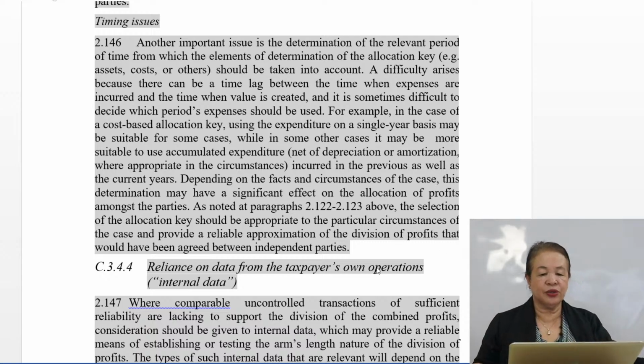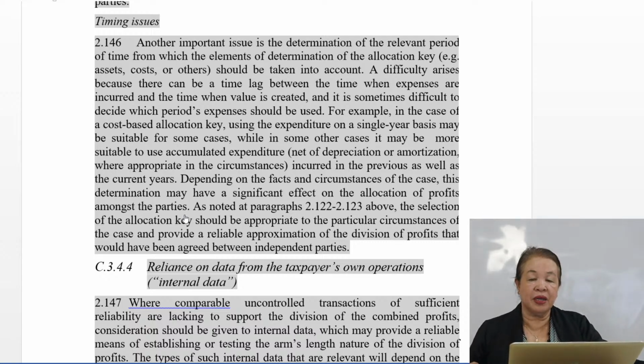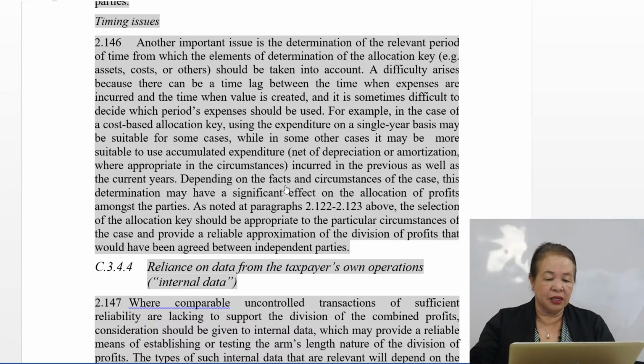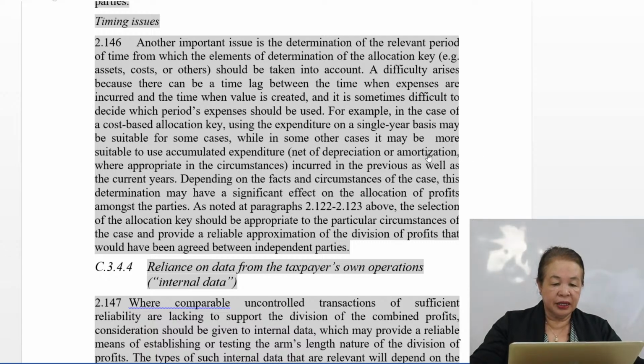Another important issue is the determination of the relevant period of time from which the elements of determination of the allocation K, for instance, assets, cost, or others, should be taken into account. A difficulty arises because there can be a time lag between the time when expenses are incurred and the time when value is created. And it is sometimes difficult to decide which periods expenses should be used.